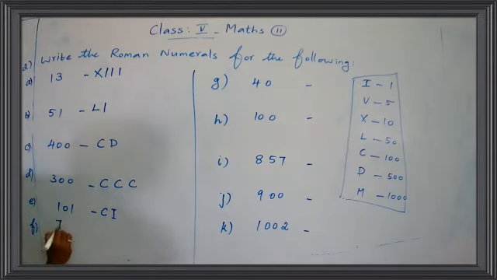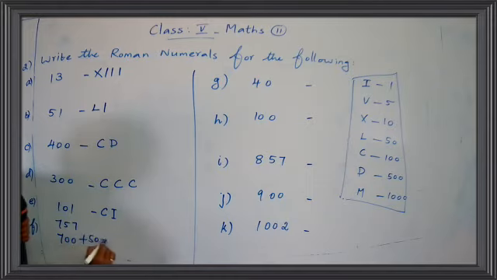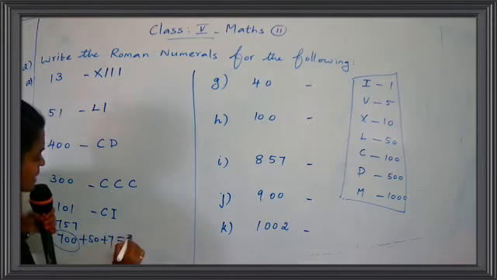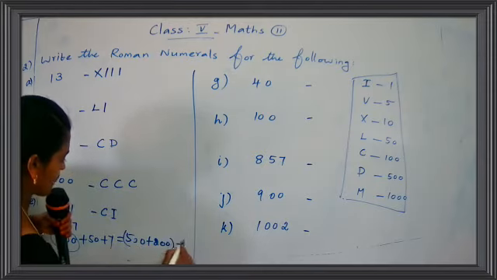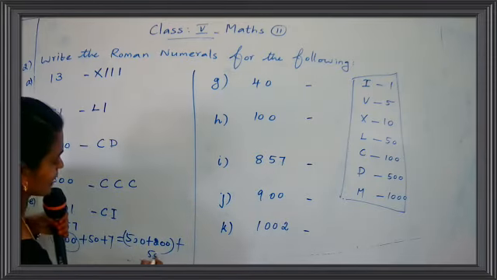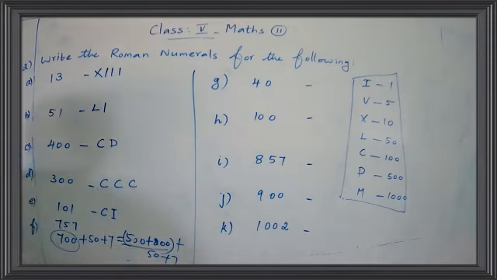757, okay, so 757 can be written as 700 plus 50 plus 7. Here 700 can be written as 500 plus 200 plus 50 plus 7. Where is 500?